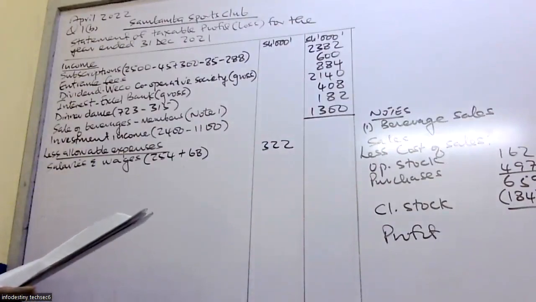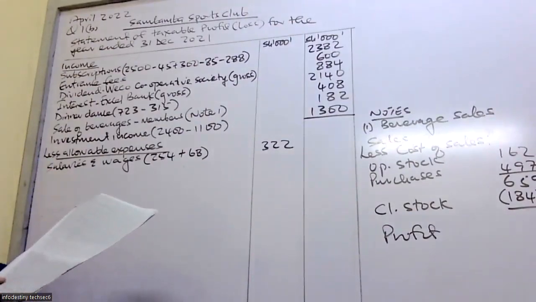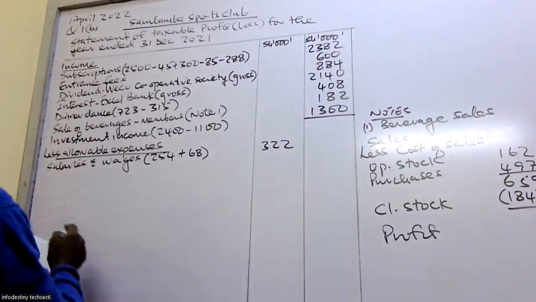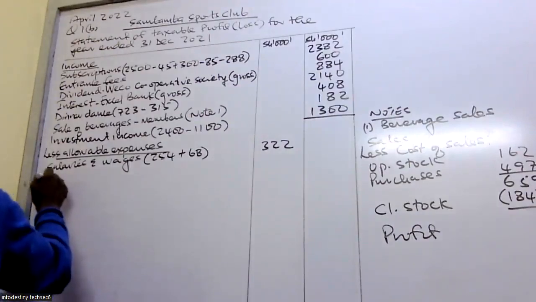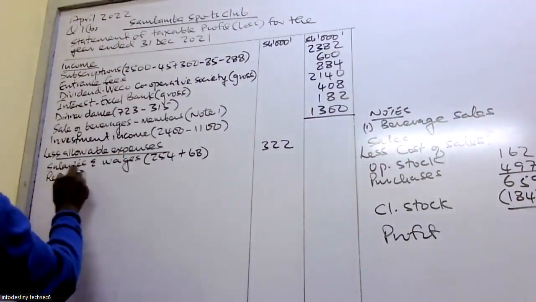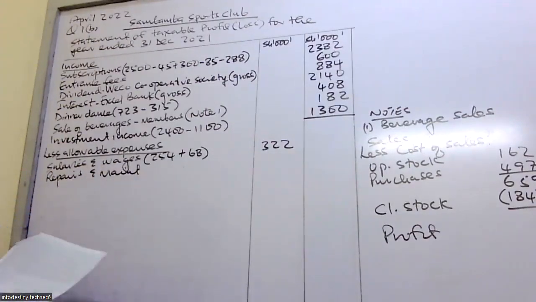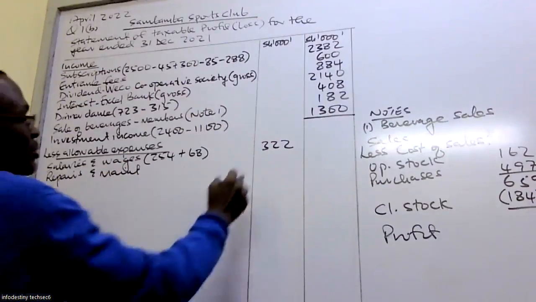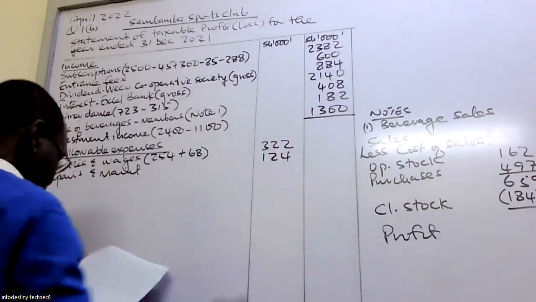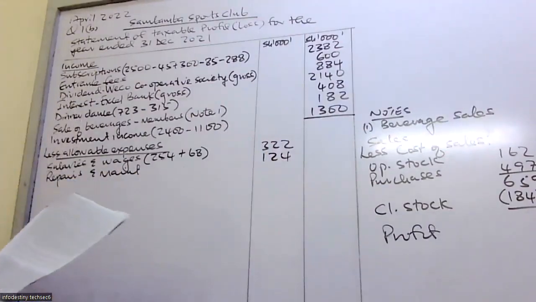Then for new equipment, you're going to claim investment allowances shortly. Repairs and maintenance is 124. Repairs and maintenance, furniture, then you have office expenses.